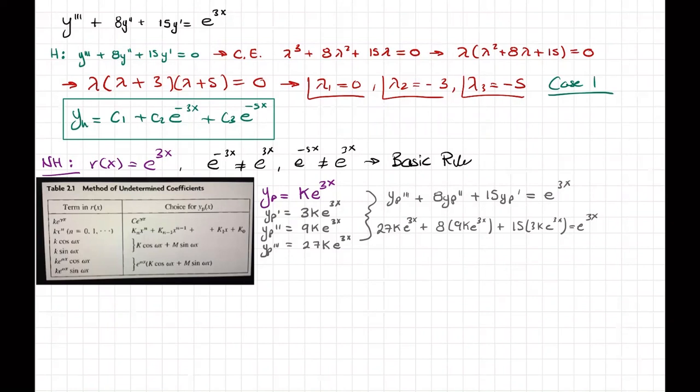After we put everything together, this is 27k e to the 3x plus 72k e to the 3x plus 45k e to the 3x equals e to the 3x. We can simplify this: 27 plus 72 plus 45 is 144, so 144k e to the 3x equals e to the 3x.